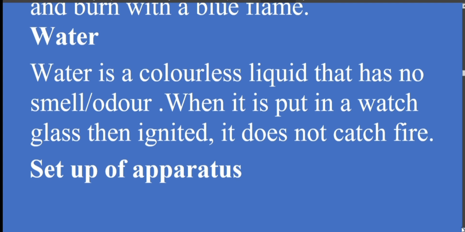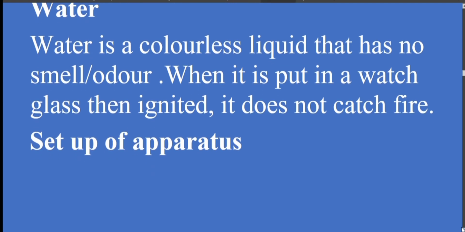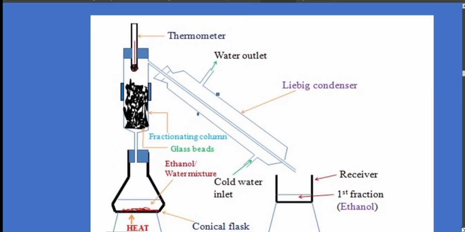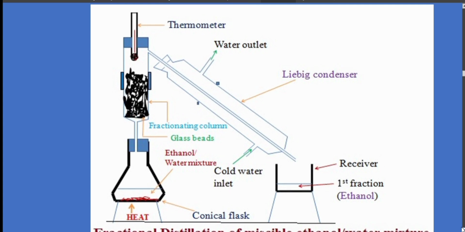Now this is the setup of the apparatus. Remember, here we have a thermometer, and we have a fractionating column connected to the conical flask.